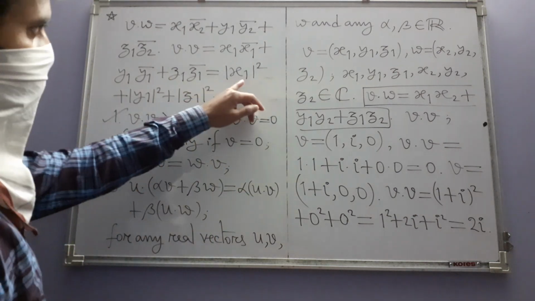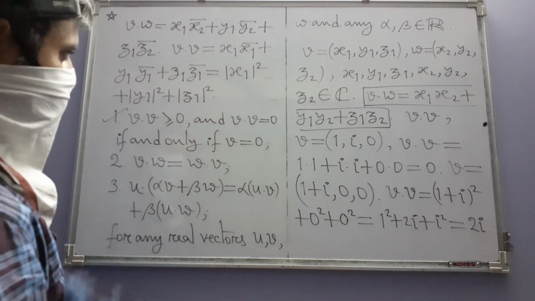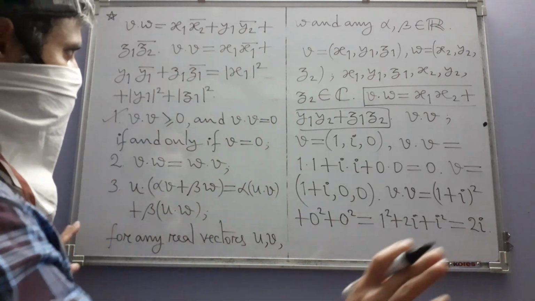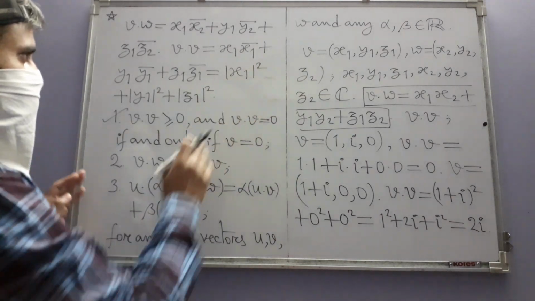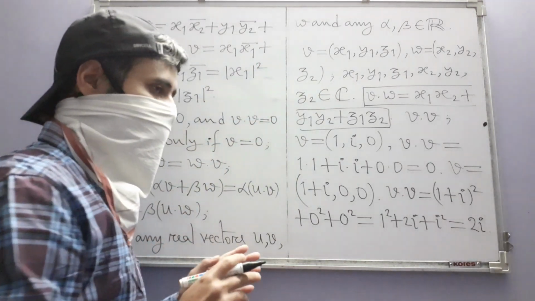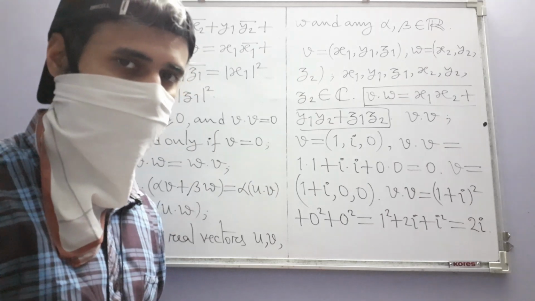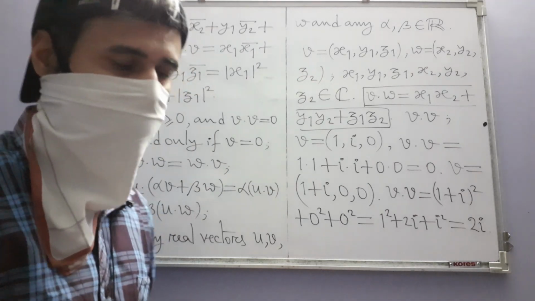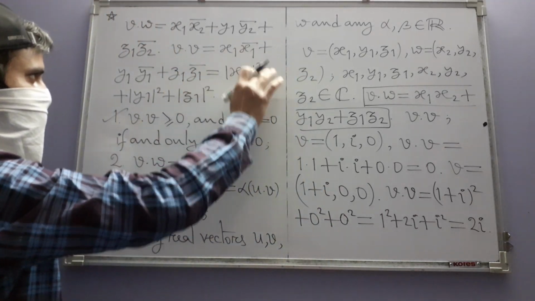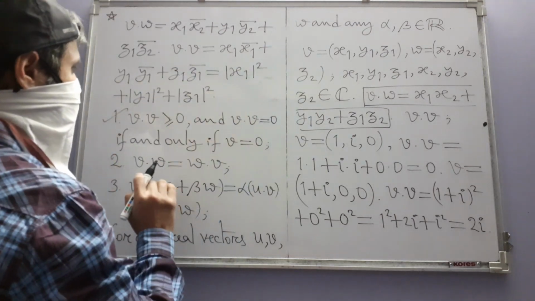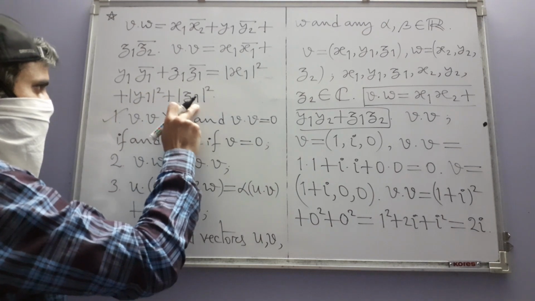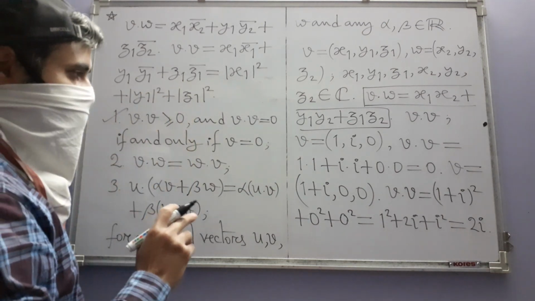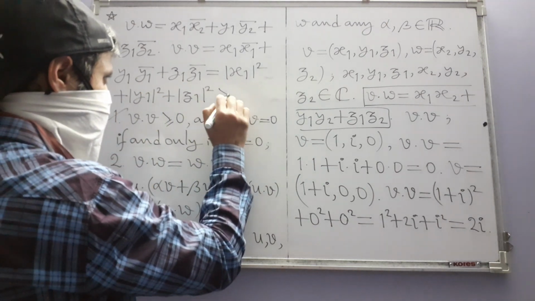Now x1, y1, z1 are general complex numbers, but this square that you see here is a non-negative real number, because that's what it is from properties of such things. So this is a non-negative real number, this is a non-negative real number, this is a non-negative real number, so their sum is a non-negative real number.